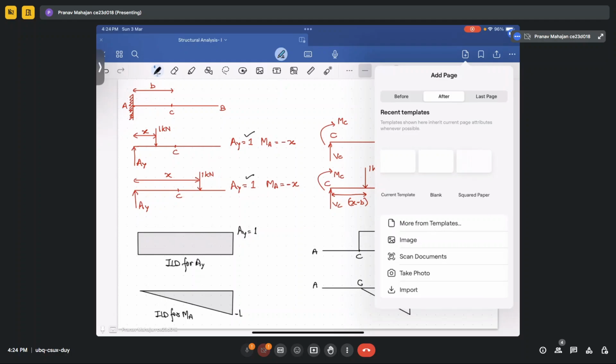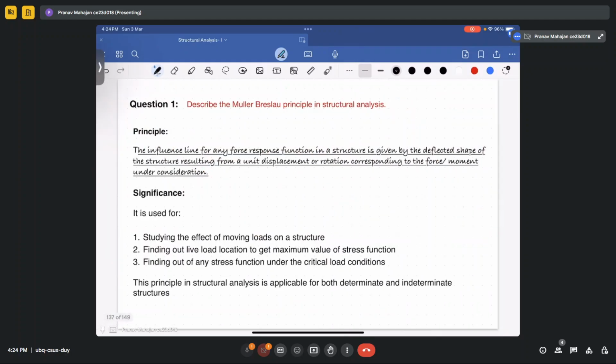So now let's move forward and have a thorough idea of the other things that you have covered. In this week, you also have covered what the Muller Breslau principle is. So what it says is that if you want to draw the influence line for any force or response function in a structure, it is given by the deflected shape of the structure resulting from a unit displacement or rotation corresponding to the force or moment under consideration.